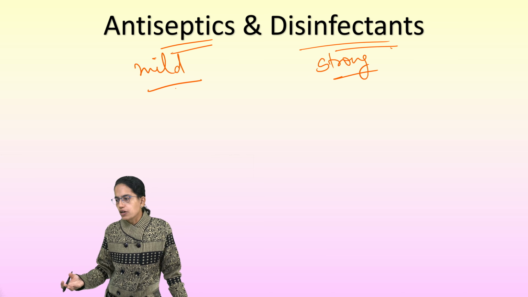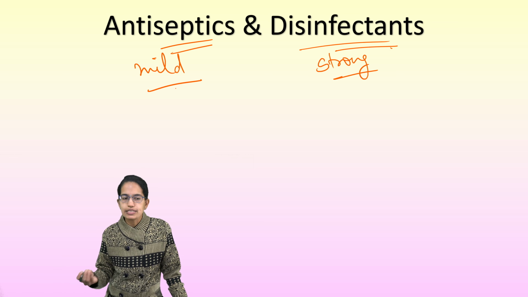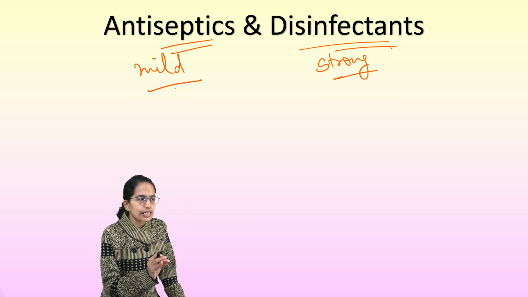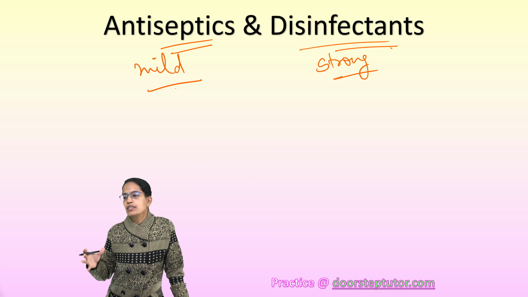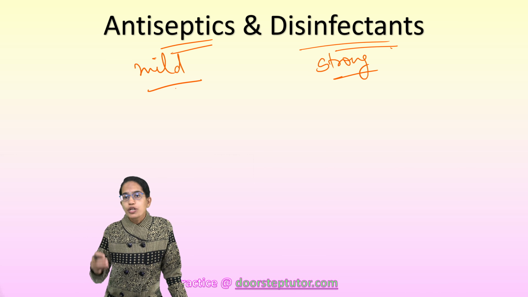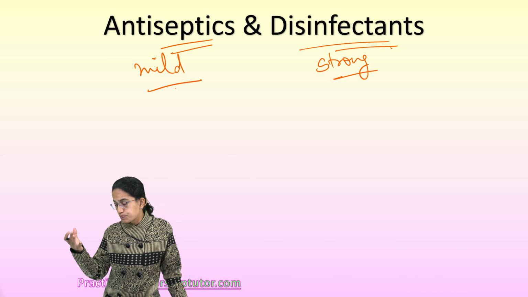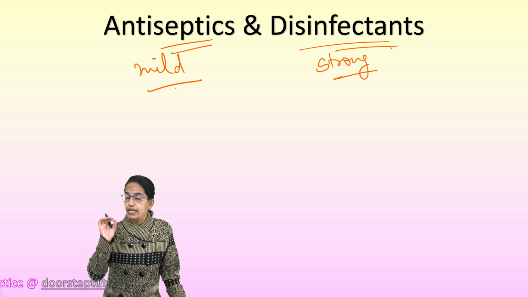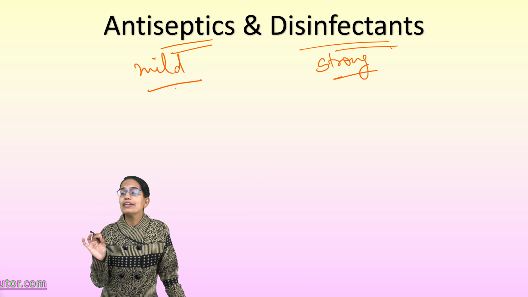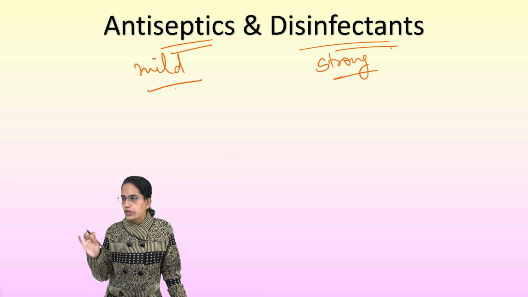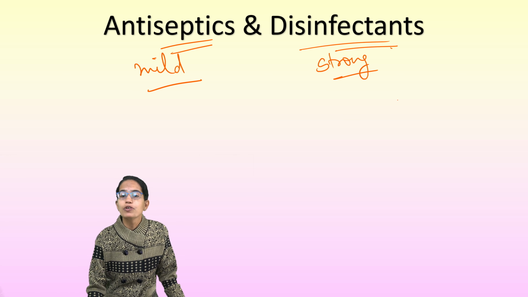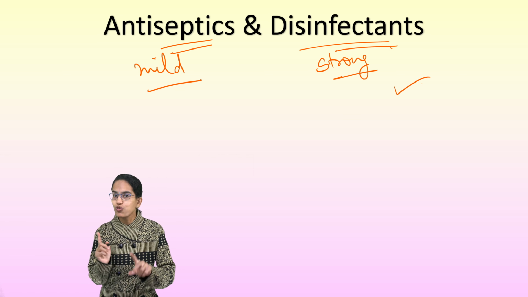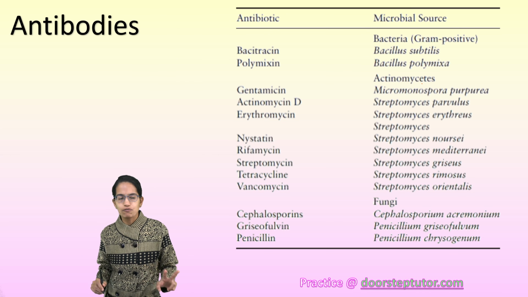Iodine, hydrogen peroxide, benzoic acid, boric acid are common constituents of antiseptics. Under disinfectants, phenol, sodium hypochlorite, hydrogen peroxide in higher quantity and concentrated form, and potassium permanganate are examples of disinfectants. They cannot be used for wound healing. So there is a clear difference between the two.